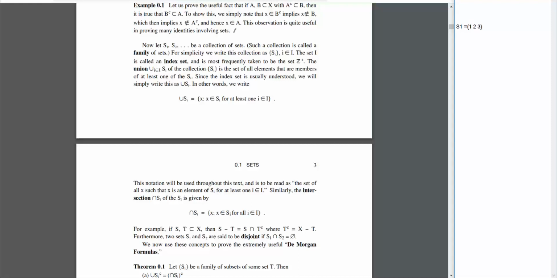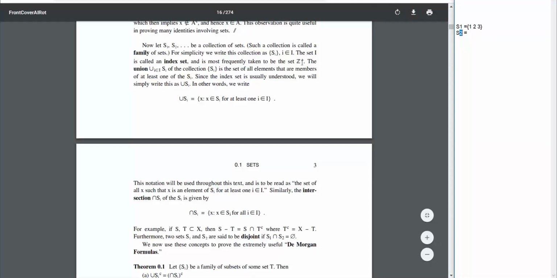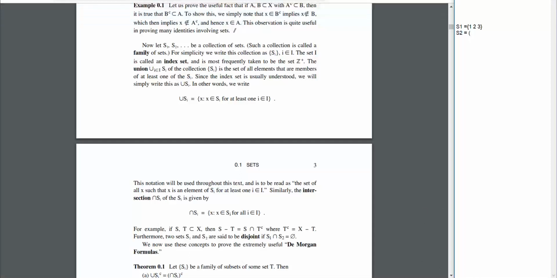Then S2 is what's important, because 1 and 2, these two labels, belong to the positive integer set. S2 could be, say, 8, 7, and 6, something like that.